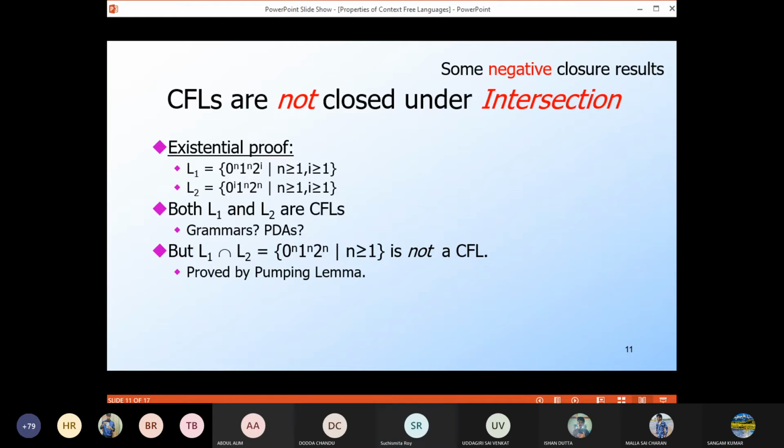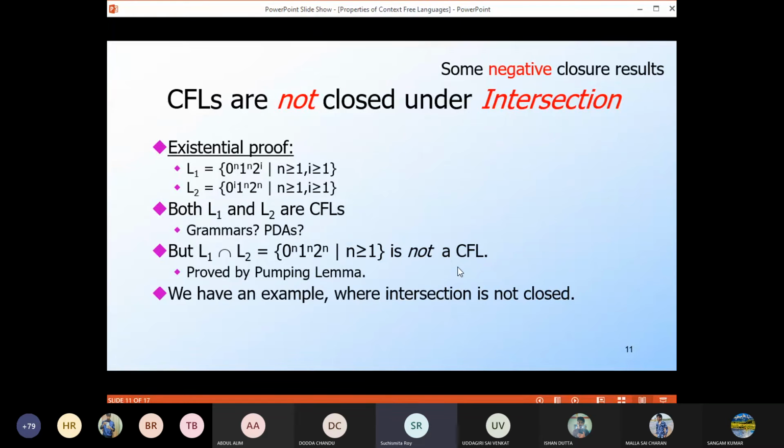Yes, ma'am. And you also know that this is not a CFL. Not only can you not create a PDA for it, but you also have the formal proof using the pumping lemma. We have discussed it in the previous class. Remember? So two context-free languages, L1 and L2, have an intersection which is a language that is not context-free.